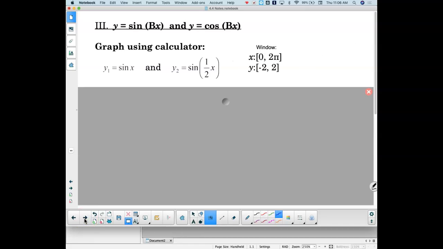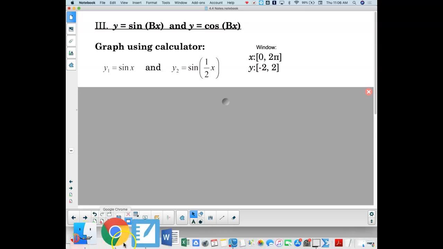With your graphing calculators, I would like you to explore these 2 functions. If you're using one of our calculators, I'd start a new program because it's probably already on there from the last class, but then this way you can actually see what's going on with it.